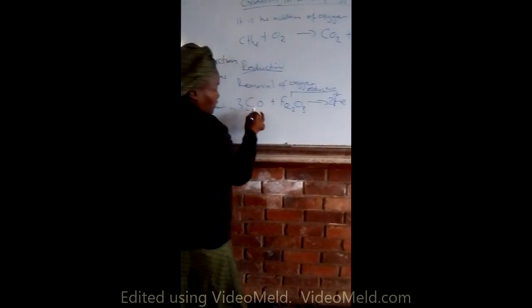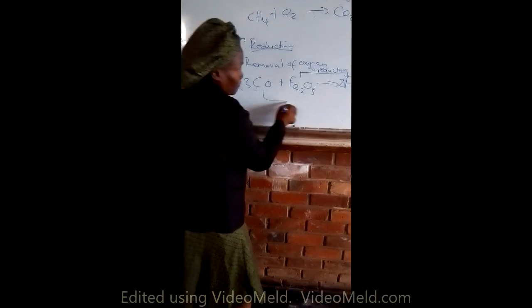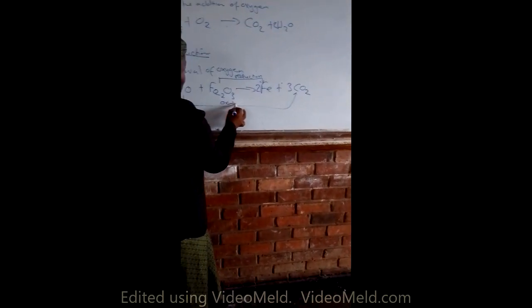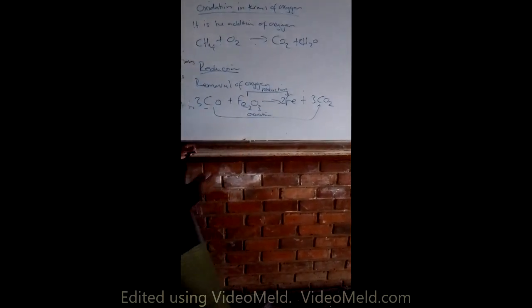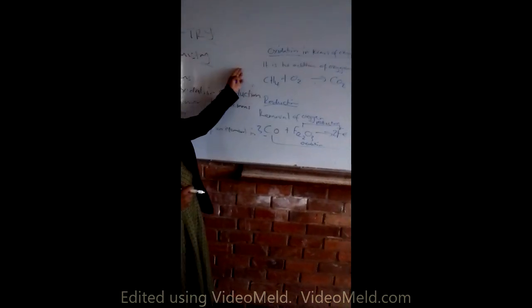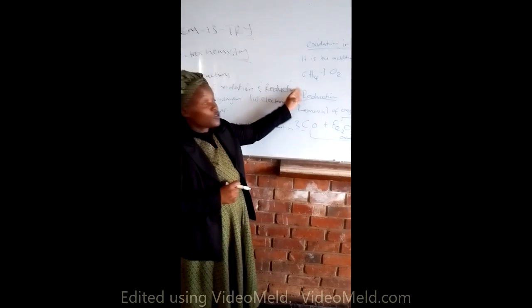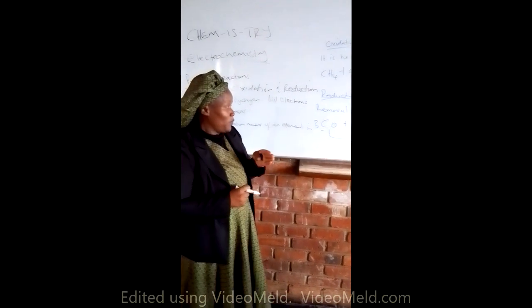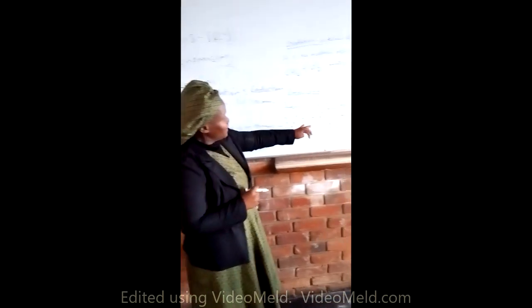And from here to there, this is oxidation. So when oxidation occurs, reduction also occurs. These processes normally occur at the same time. So this is an example.